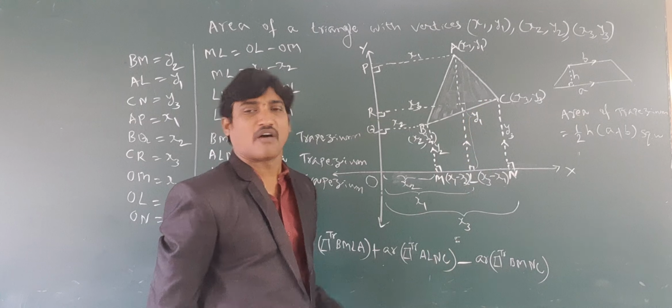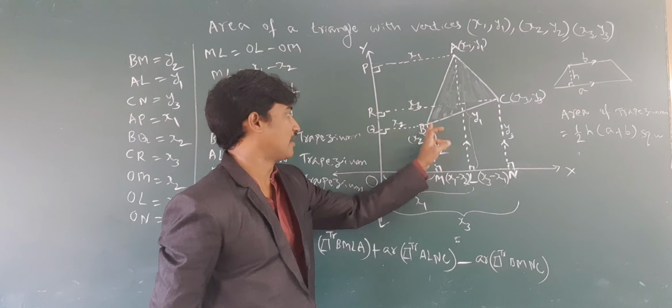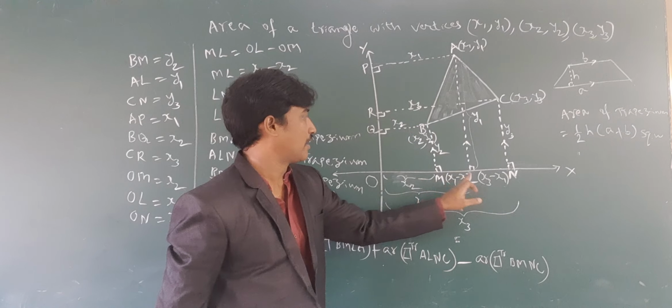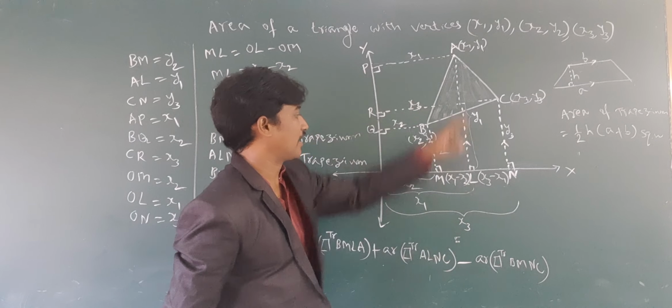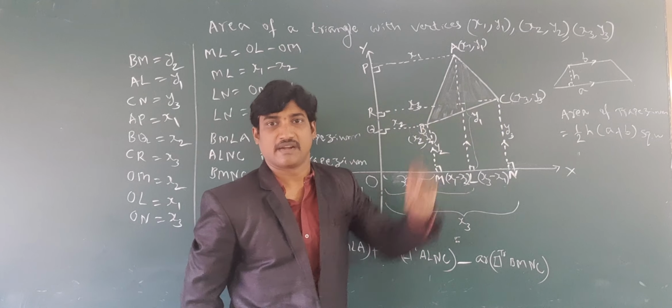We can use this formula to find the area of trapezium BMLA, ALNC and BMNC.